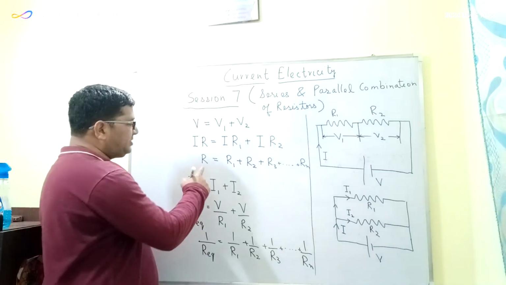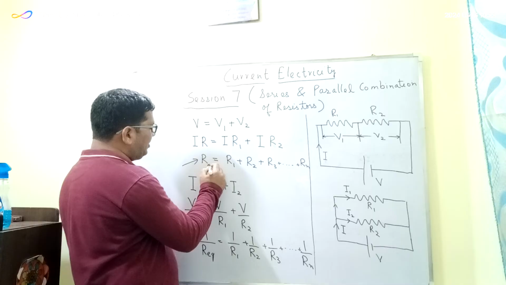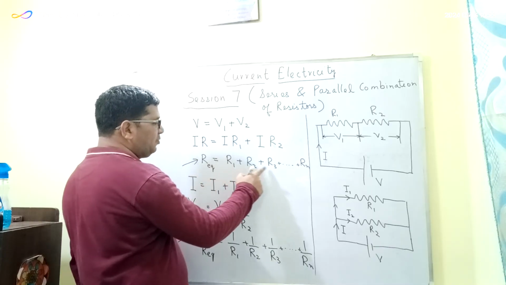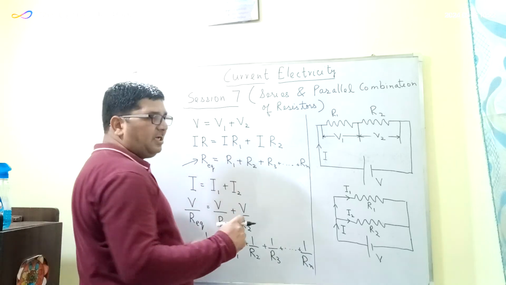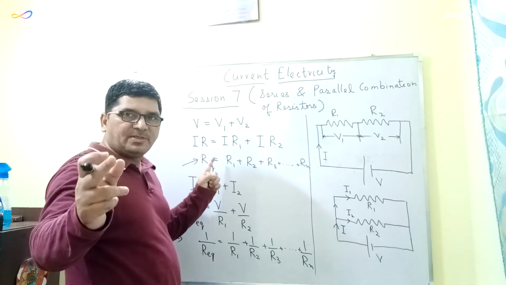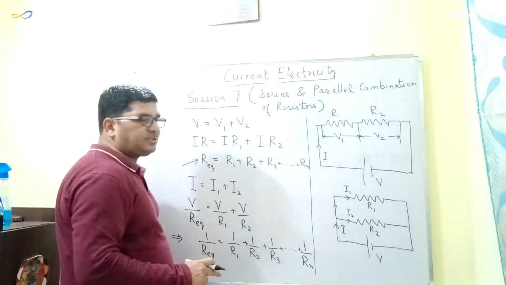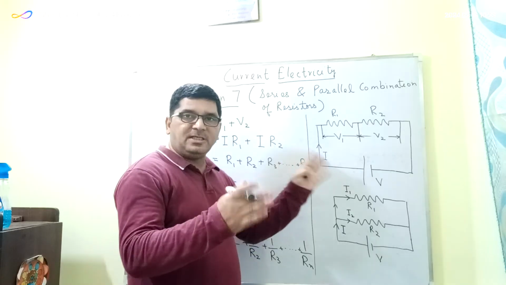In the series combination, the equivalent resistance is given by R is equal to R1 plus R2 plus R3 and so on. In the series combination, the potential difference across the two ends of the series combination is equal to the sum of the potential differences across each resistor.